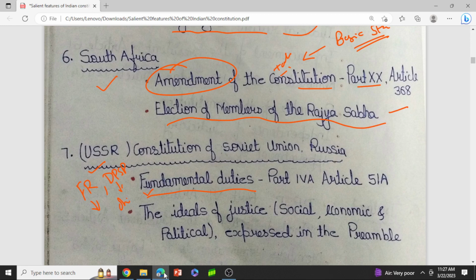Like when I am being given certain rights, it is my duty to respect, like duty to respect national anthem, duty to respect national flag. This should be made compulsory. So in order to have that fundamental duties, Mrs. Indira Gandhi actually introduced in her tenure through 42nd amendment, the fundamental duties was introduced, and it is in the part 4A, article 51A. So there is only one article for fundamental duties.